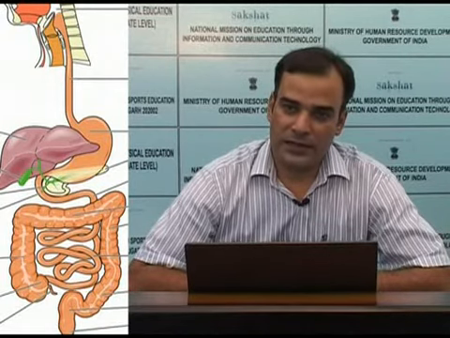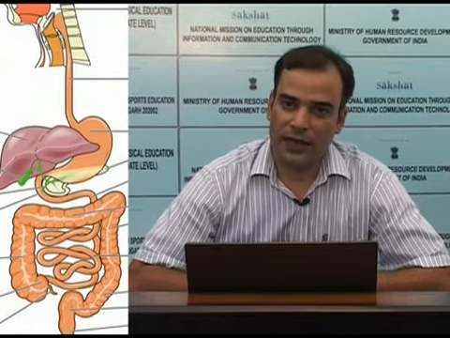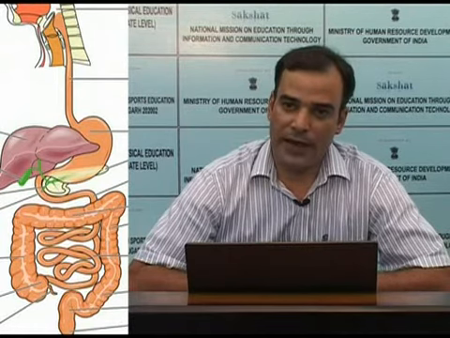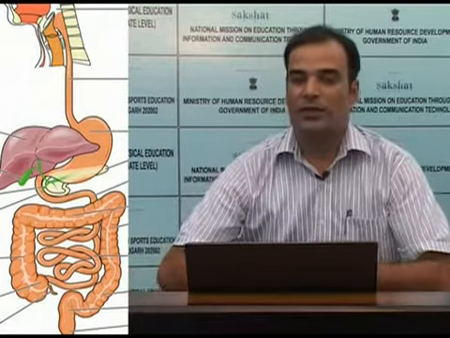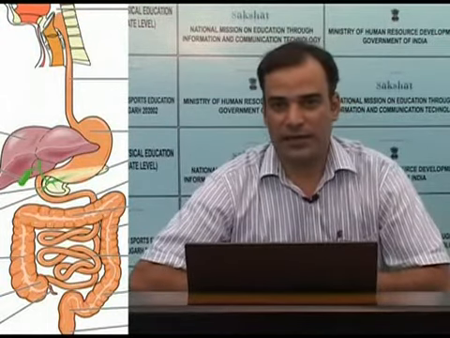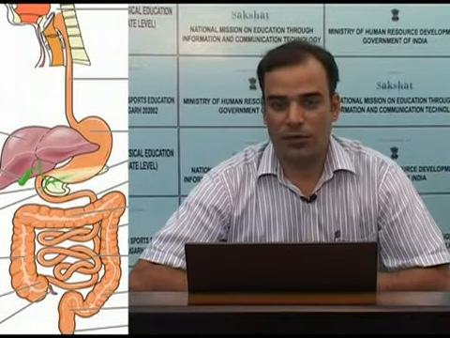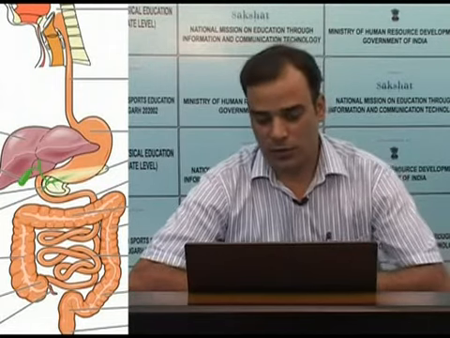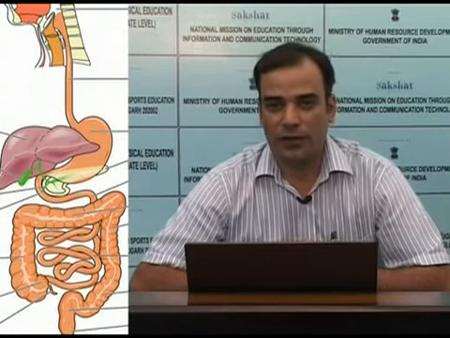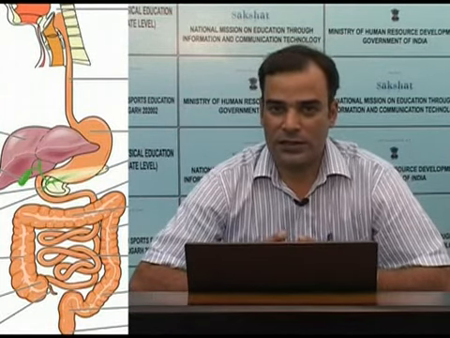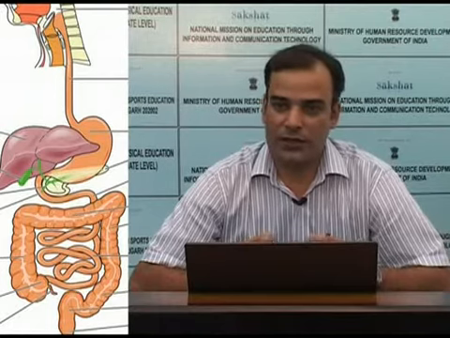Between the muscle layers is a nervous plexus called the myenteric plexus, and within the submucosa is another nervous plexus called the submucosal plexus.